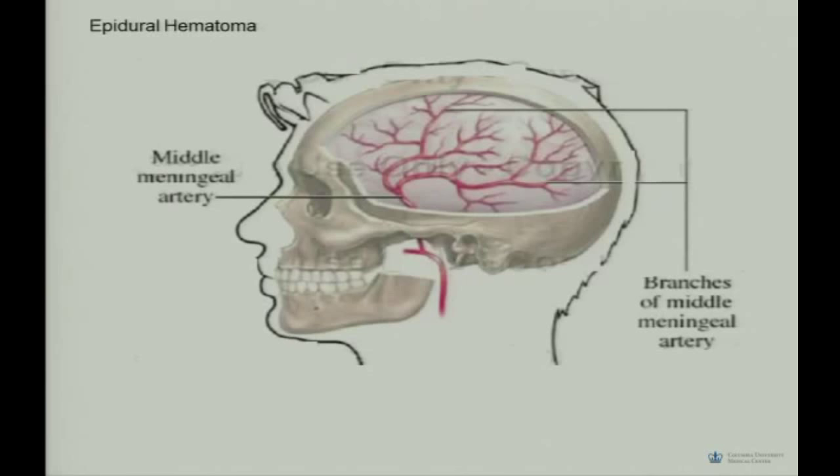Epidural hematomas. The most common cause of an epidural hematoma is bleeding as a result of laceration of an artery called the middle meningeal artery. It's an artery that runs just under the skull, just under the bone, and it's located on either side, hugging the parietal area of the brain.